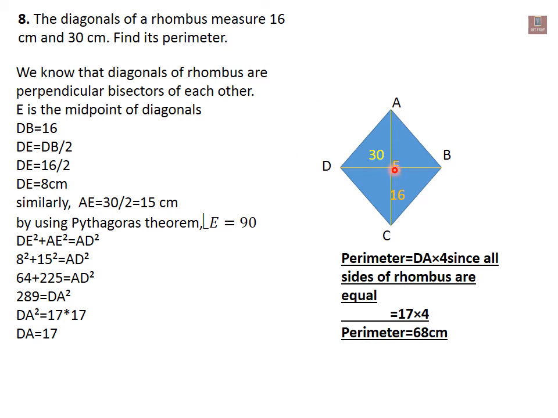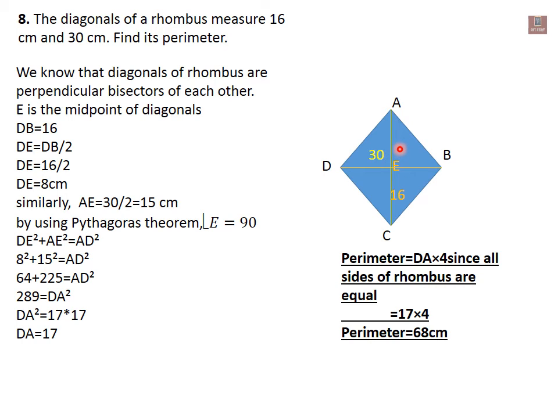Now, here you should know a property that diagonals in the rhombus are perpendicular bisectors of each other. So that means this diagonal cuts the other diagonal at exactly the midpoint, and this happens to be 90 degrees.